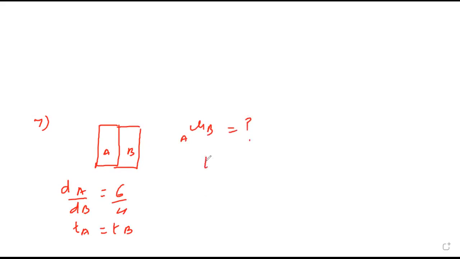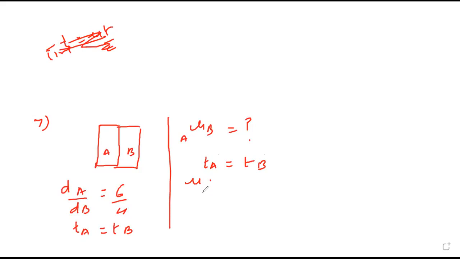We know that since time taken is same. If you remember, what is time formula I had explained? Mu T upon C, correct? Are you remembering? Time taken is mu T by C. So time is mu into thickness here dA upon C. Here it will be mu of B, thickness of B upon C. C will get cancelled.